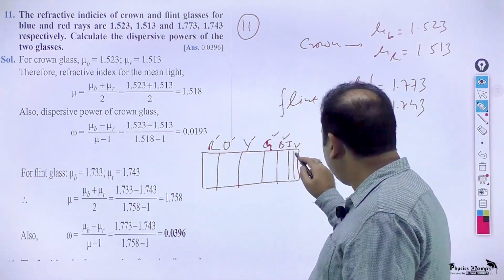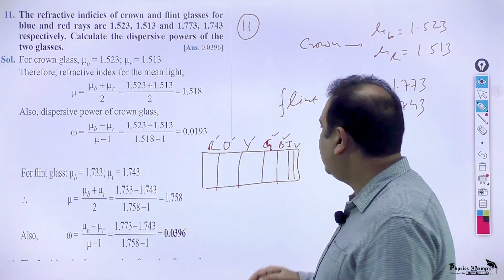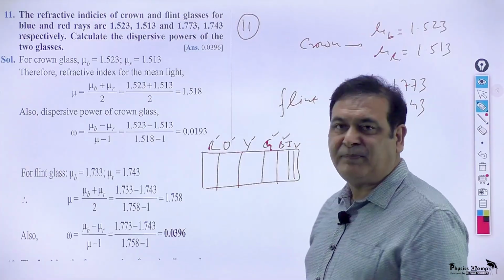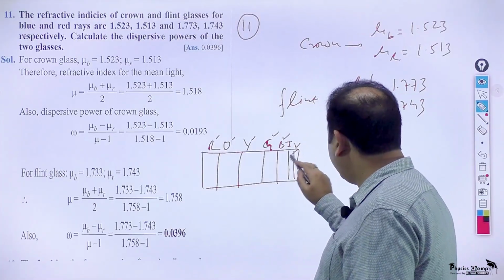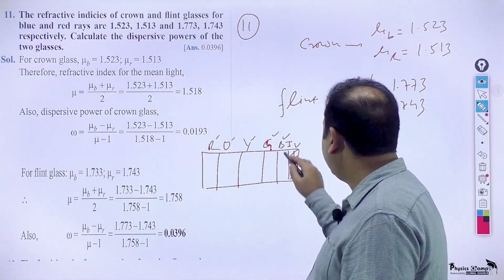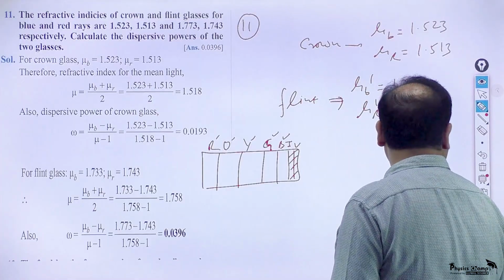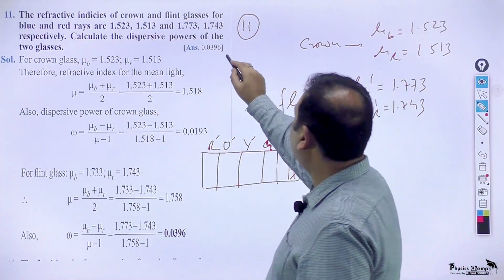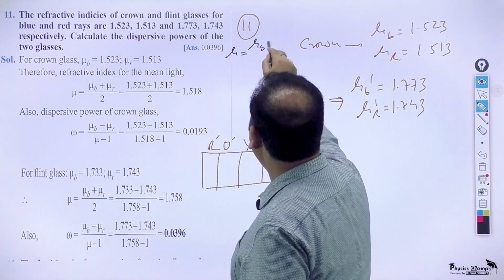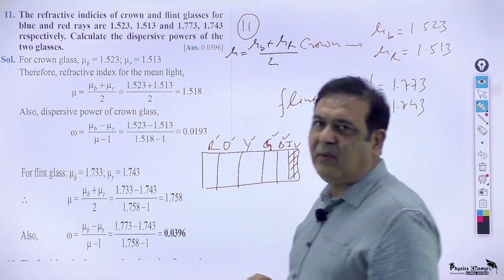If the refractive index of violet is present, no problem, we can say the mean refractive index is (mu r plus mu v) by 2. But if we are not provided the refractive index of violet or indigo, and are just provided that of blue, then we can take blue as one of the edges instead of violet.